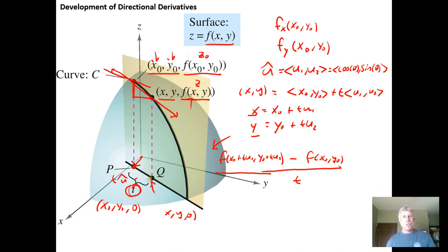As we let Q get closer and closer to P, this point here is going to move closer and closer to the point x naught, y naught, z naught. And if we take the limit as t goes to 0, the secant line becomes the tangent line, and we have the derivative. And then we call this derivative the directional derivative in the direction of u hat.